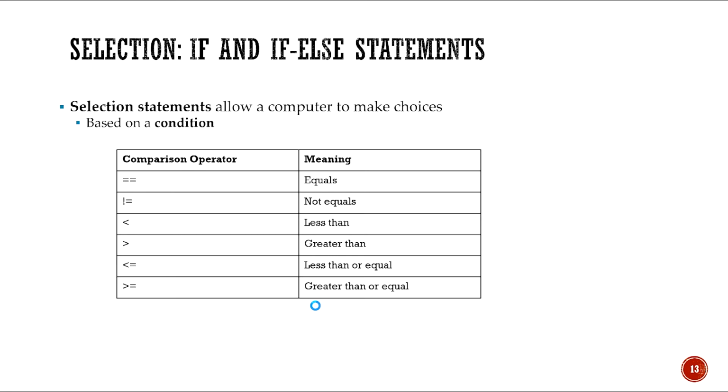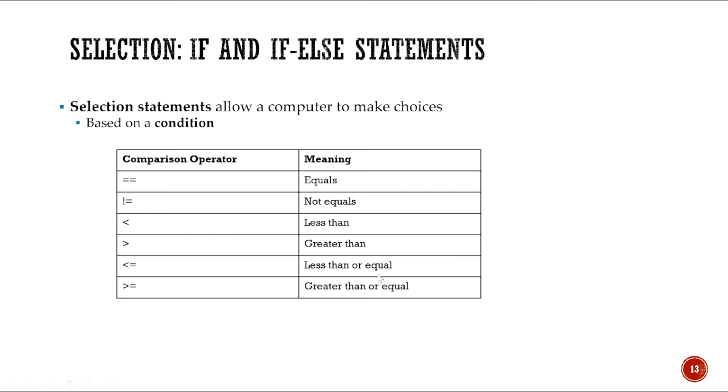Now we can move on to selection statements, if and if-else statement. Overall, selection statements allow a computer to make choices based on a condition. For example, if A is equal to 3, do this. If A is not equal to 3, then do this.